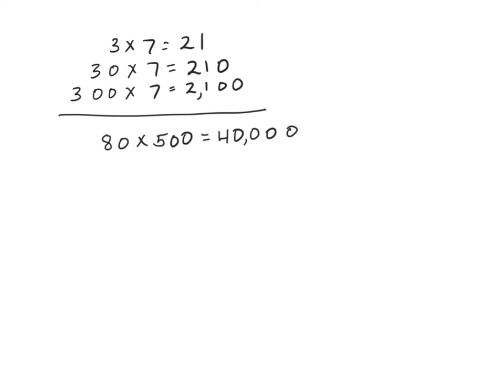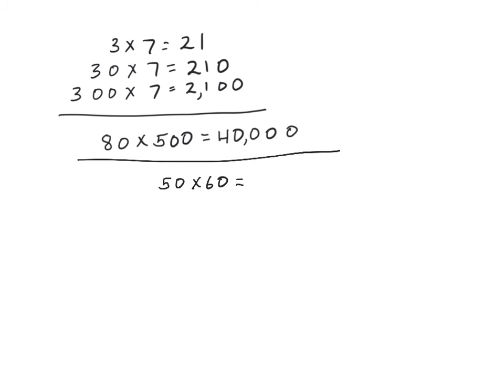If you notice the places here, we have 3 places filled in by zeros, and we have 3 places here filled in by zeros. You got to remember this 0 here is part of the original answer of 8 times 5. So 8 times 5 is 40, but then we have 3 additional places that it moves, so it's 40,000.